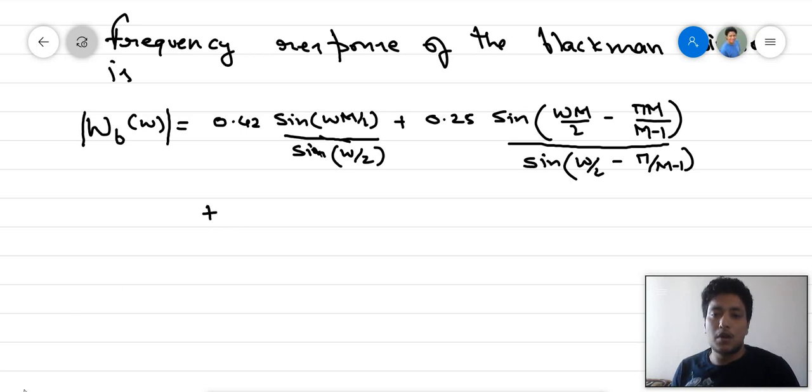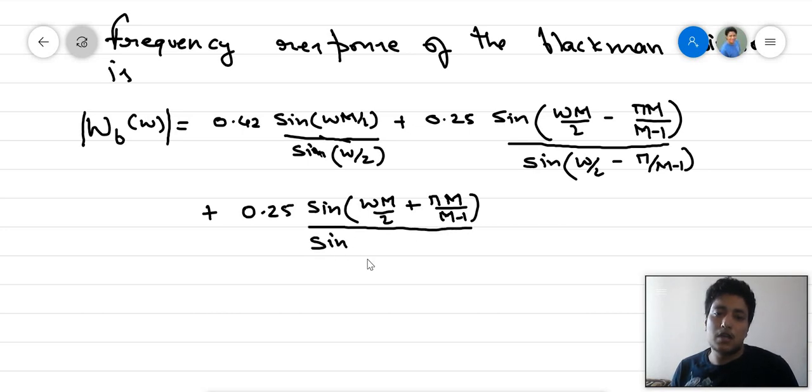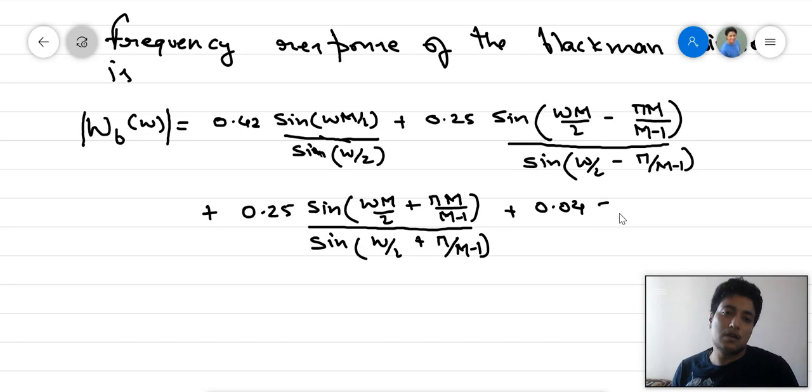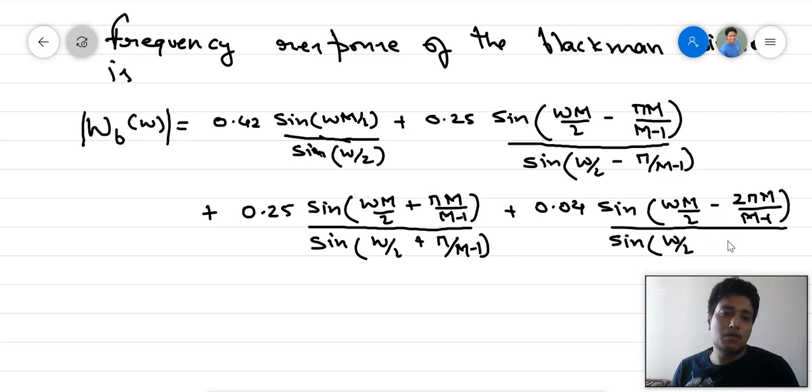Then plus 0.25 sin(omega M by 2 plus pi M over M minus 1) upon sin(omega by 2 plus pi over M minus 1), plus 0.04 sin(omega M by 2 minus 2 pi M over M minus 1) upon sin(omega by 2 minus 2 pi by M minus 1).